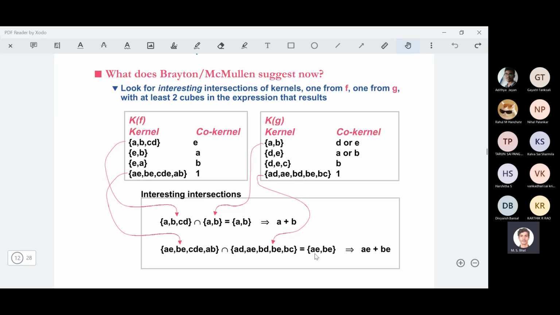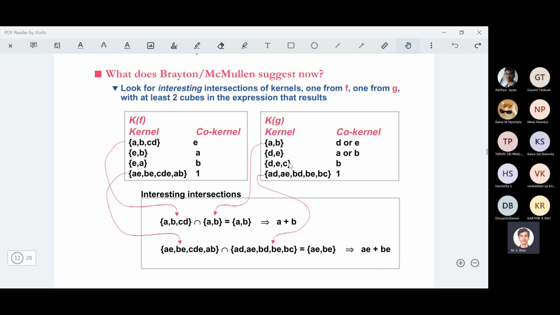Okay, AE plus BE, is it a kernel? It is not a kernel because you have E. I can extract E from this. So though originally these are kernels, this is not a kernel. And nevertheless, we need not worry about this.